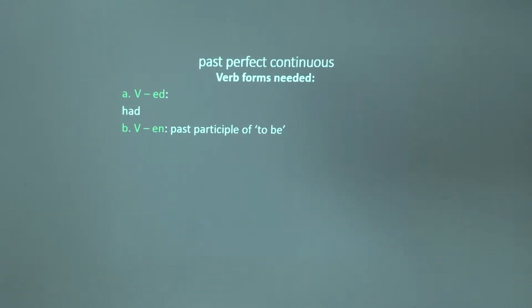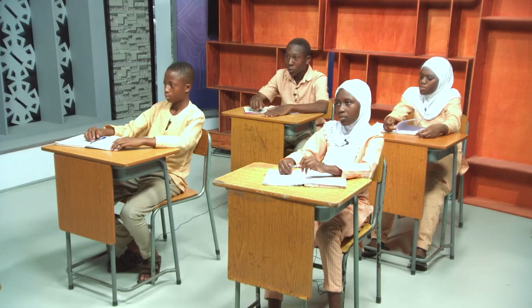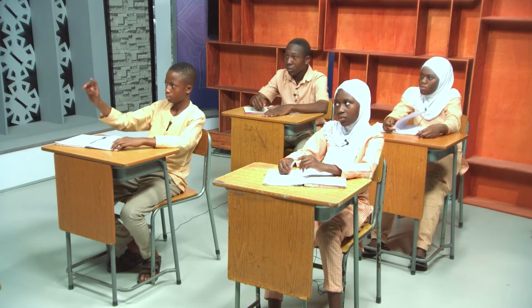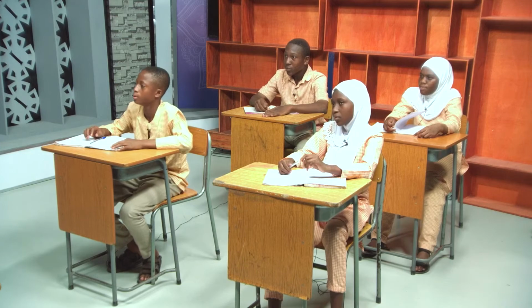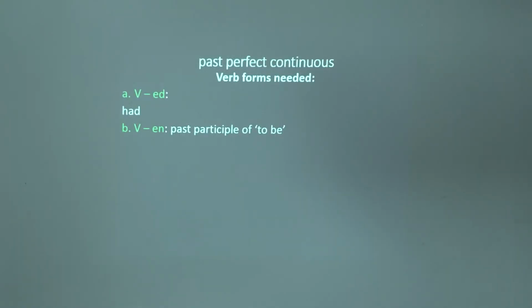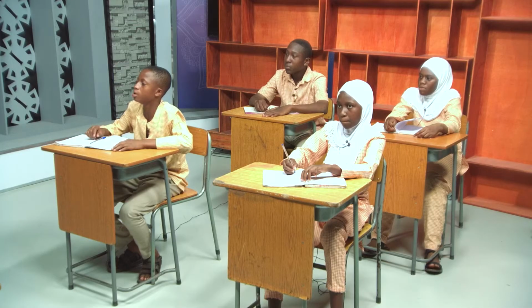And what is that? You know, you put up your hand, yes? The participle form of the verb to be is what? We looked at it. Yes. Was. No. Yes, Nazir? Been. Good, been. Please spell it. B-E-E-N.